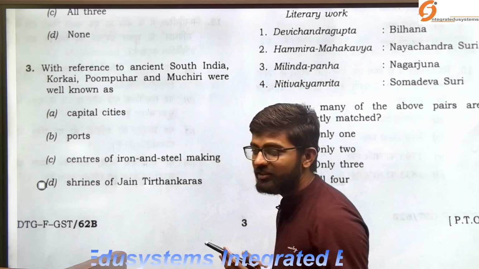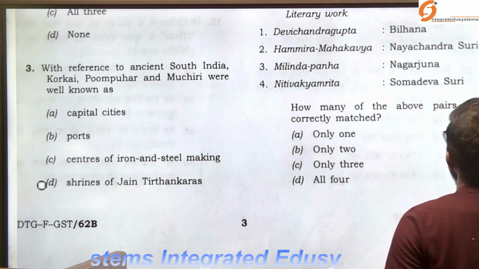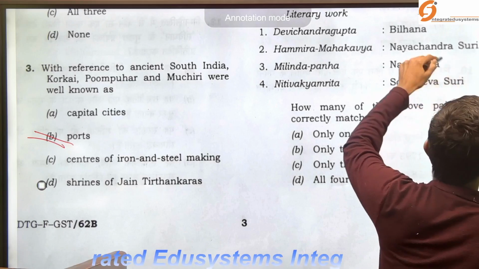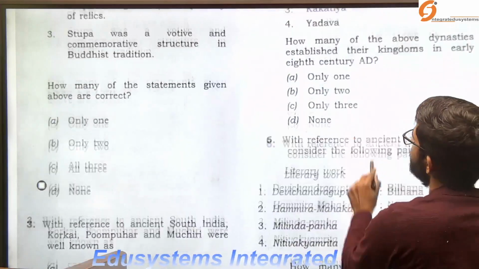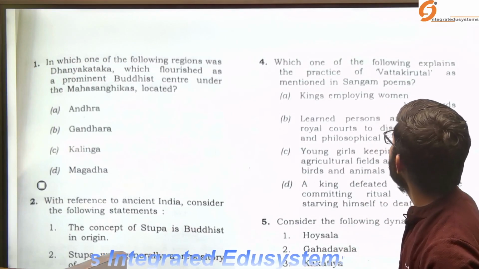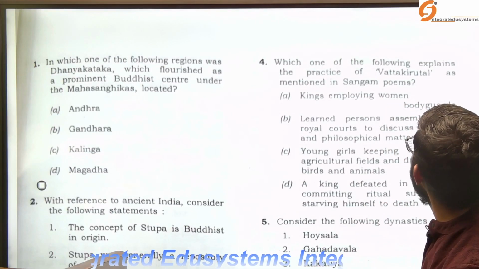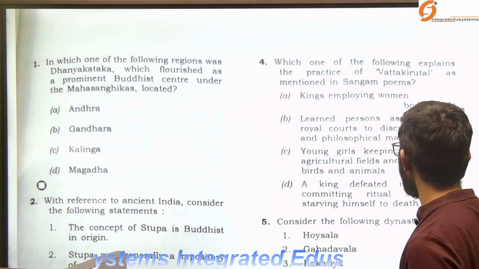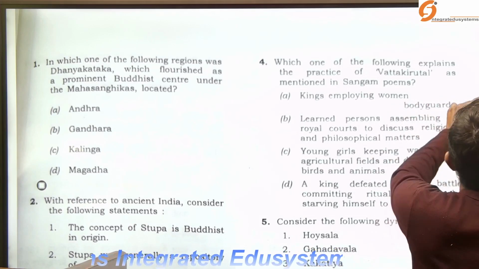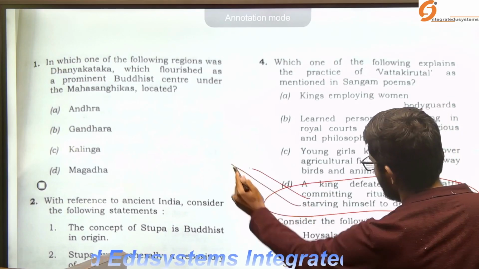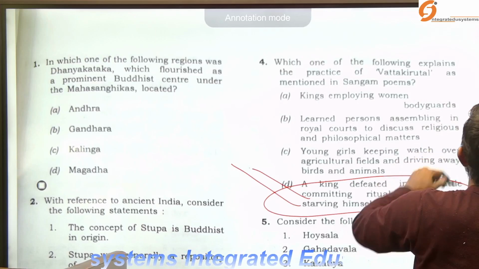Here we are seeing that this time the weightage of southern history has increased. Which one of the following explains the practice of Vata Kirutal as mentioned in the Sangam poets? It is basically a king defeated in a battle committing ritual suicide by starving himself to death. The answer here is D.